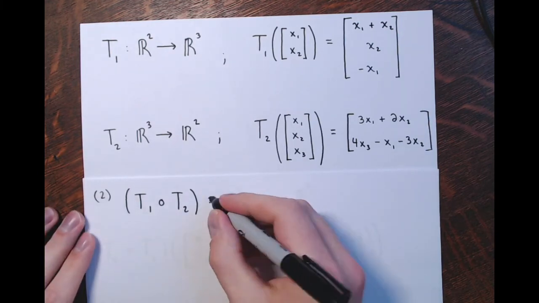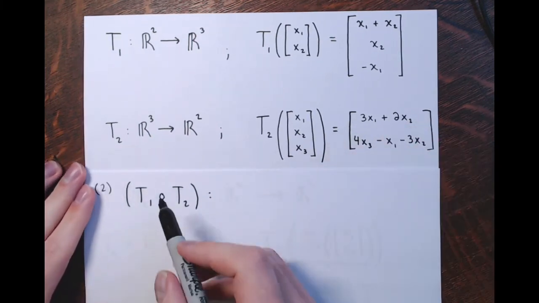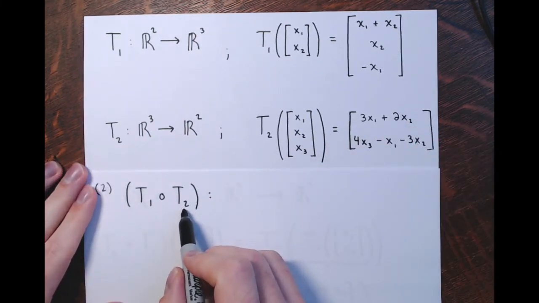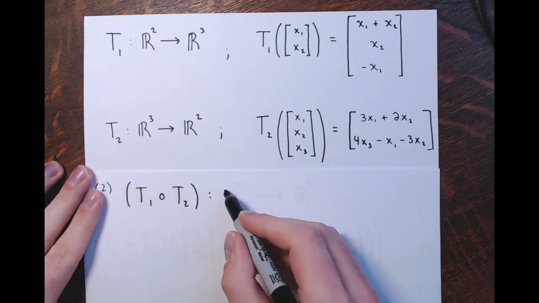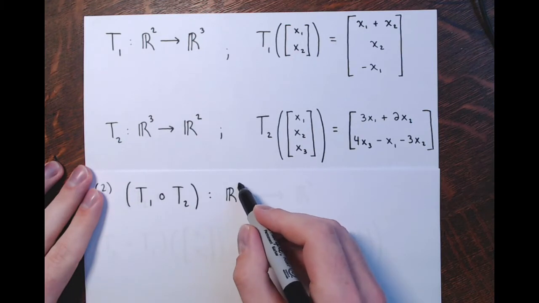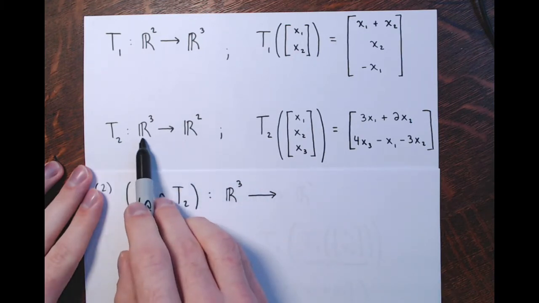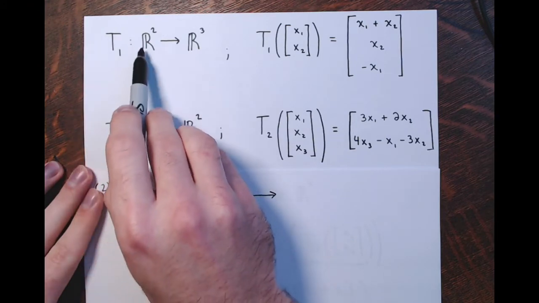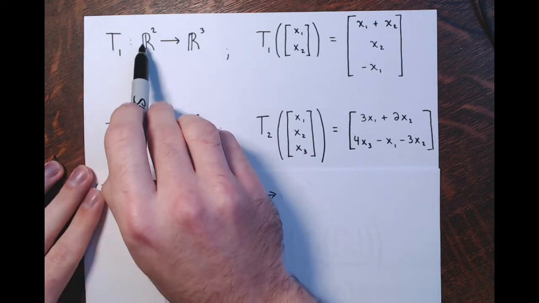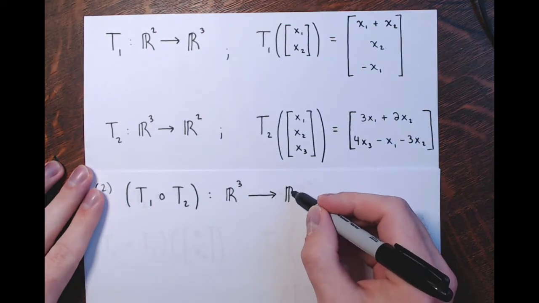When I do T1 composed with T2, remember this means I would be applying T2 first. So my input's coming from R3 now. I'd take this vector from R3, get an output from R2, and then I would apply T1 to get a final output from R3.